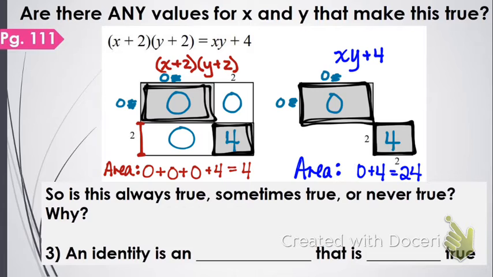I'd have 0 plus 4, and I would get 4. Does the total final area for both of these models match? Is it the same? Yes. This really is equal now. 4 equals 4.